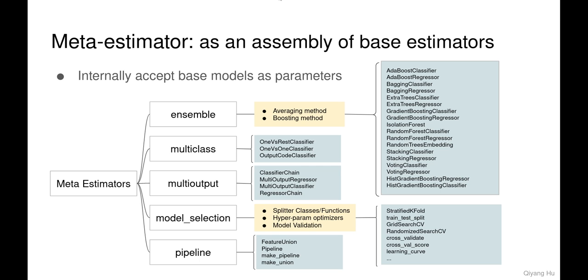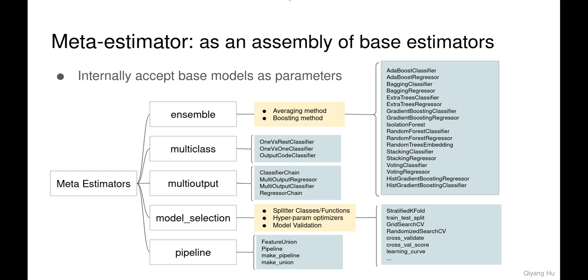A simple way to understand it is that a meta-estimator accepts not only hyperparameters in the general sense, but also base model names in its parameter list. I would say the meta-estimator is a very important part of Scikit-Learn because it provides a large number of classes and tons of functionality very useful for machine learning users.